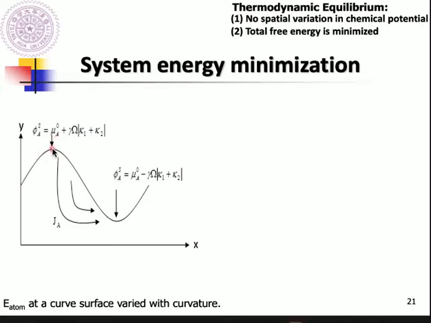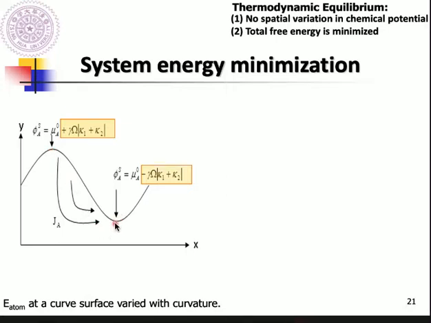And because now it is not a flat surface, we need to add an extra modified term. This term is related to γ, the surface energy, Ω, the atomic volume, times the curvature κ1 plus κ2. This is the chemical potential of atom A at the convex side.